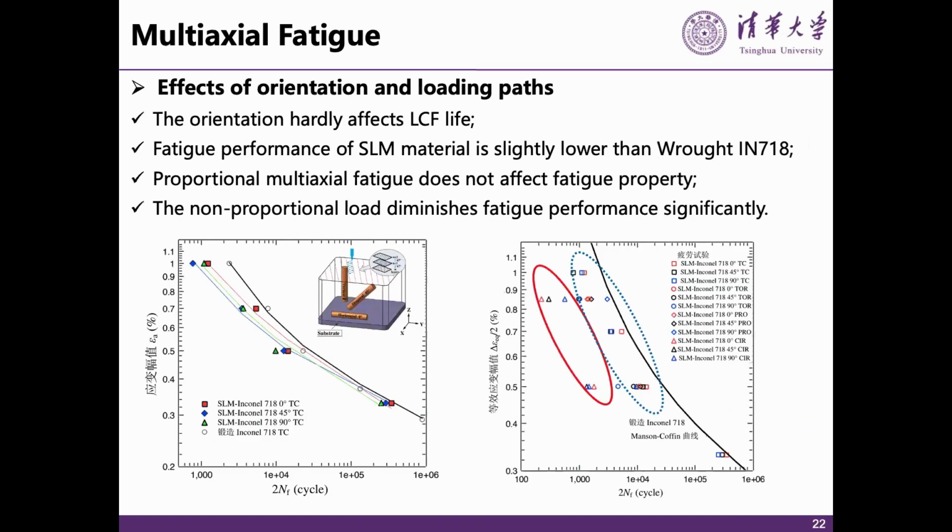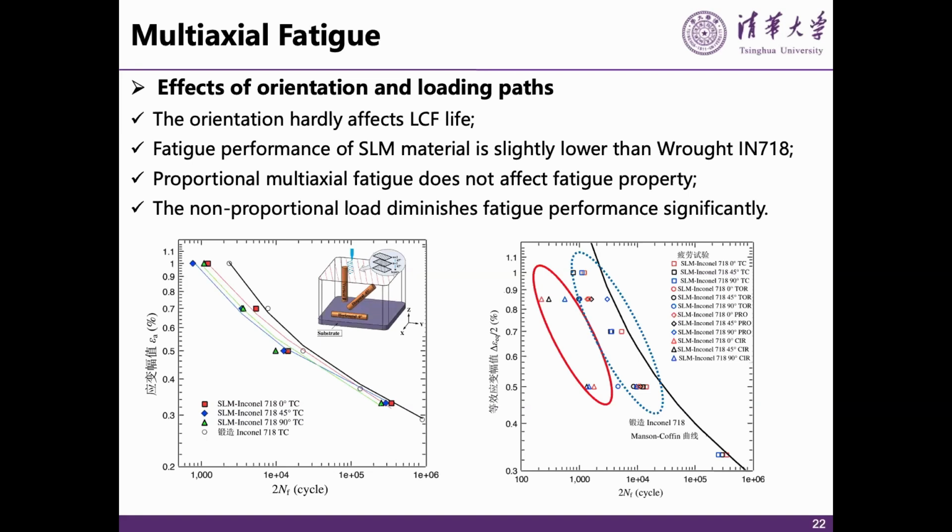Skipping ahead, this is the stress strain curve here. You see the small distribution in the different three directions. You have a small scattering. This outline shows again Inconel 718. These results are from the AM material.